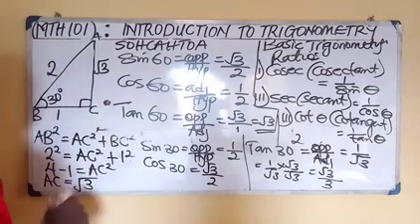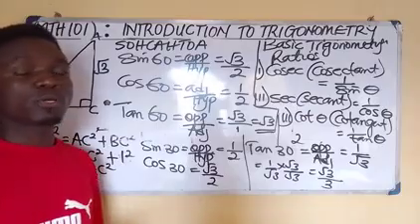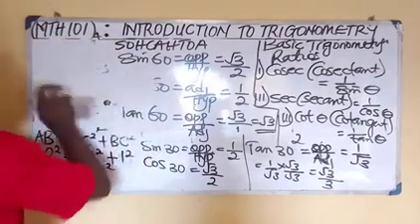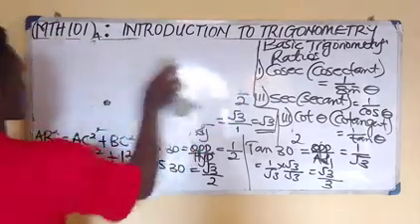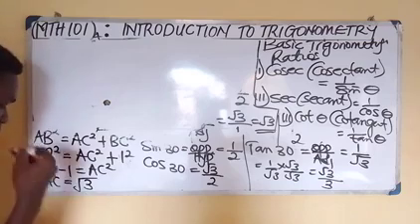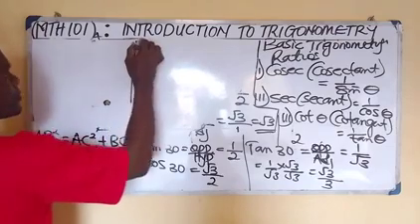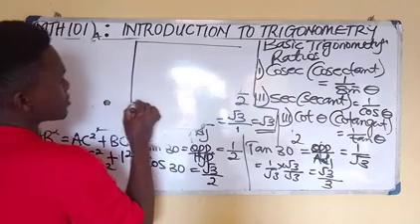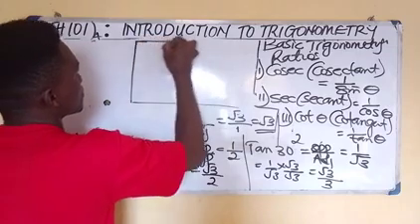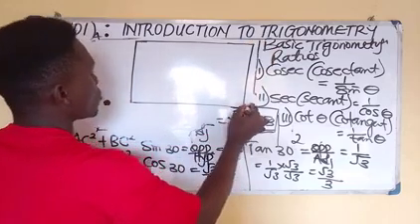Okay, so if we've deduced for 30 and 60 already, we are left with special angle 45. So if I'm having a diagram like this, or a shape like this, what do we call this?